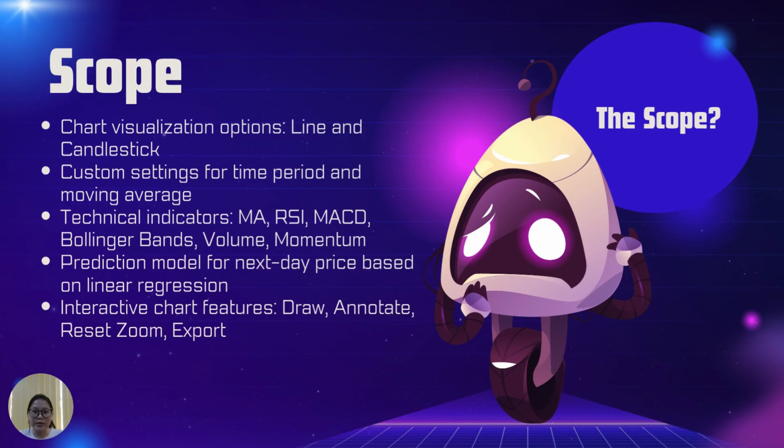This project supports various essential features typically found in real trading platforms. Users can switch between line charts and candlestick charts. They can select the time period and define a custom moving average window. The system calculates and displays technical indicators like MA, RSI, MACD, Bollinger Bands, volume status, and price momentum.